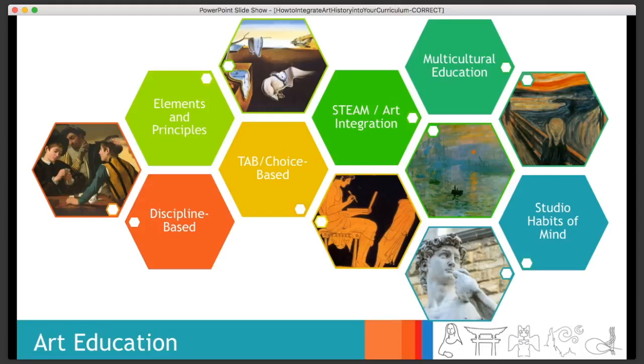We can do creative choice making, teaching for artistic behaviors, where it's full student choice. We can focus on studio, and we can focus on techniques. We can focus on other cultures. There are so many different ways we can do STEAM. We can do social justice. That's not on here. I thought of it after.